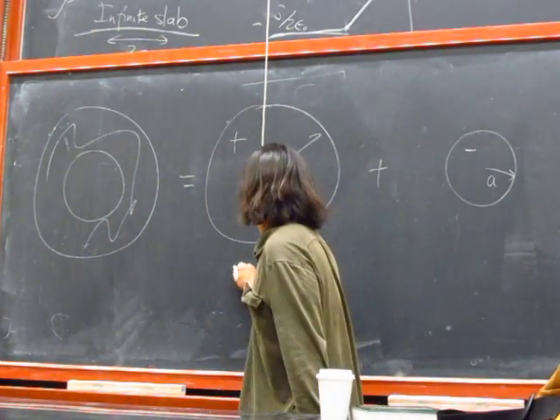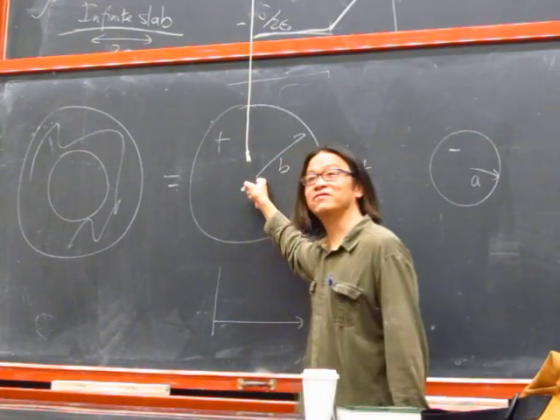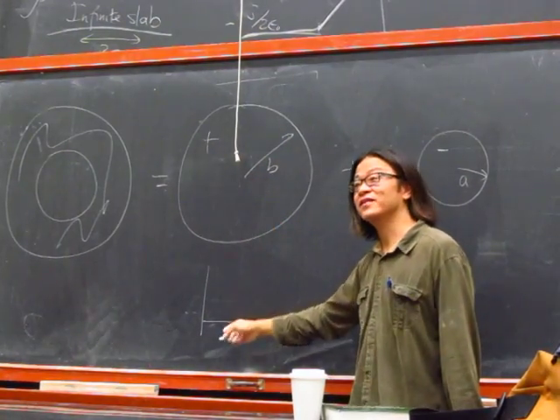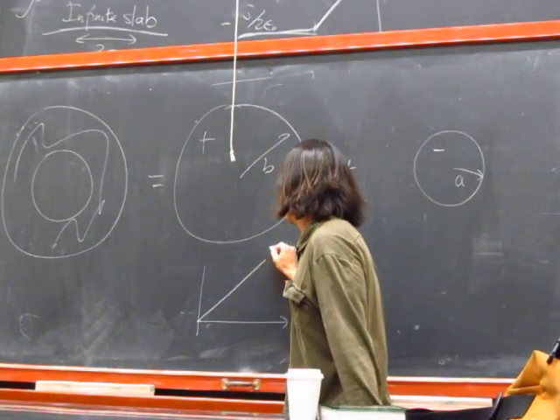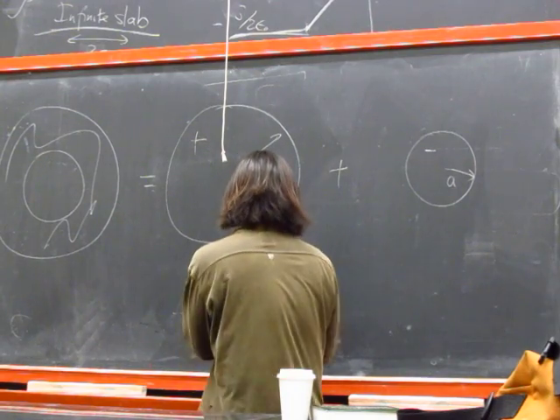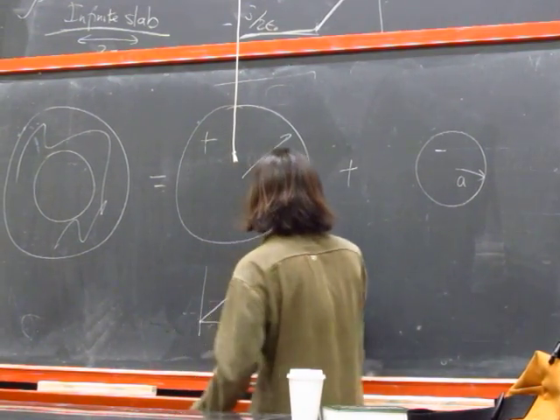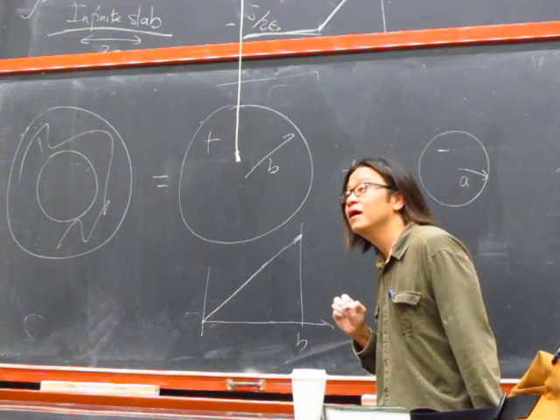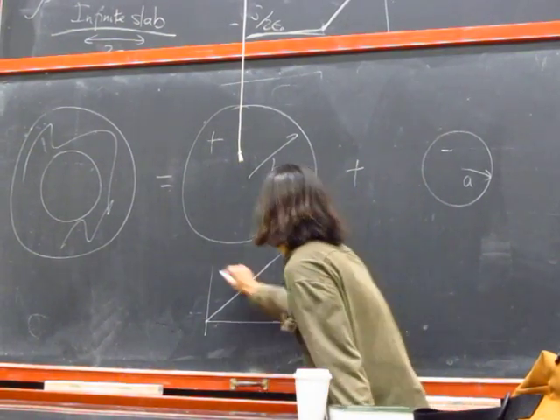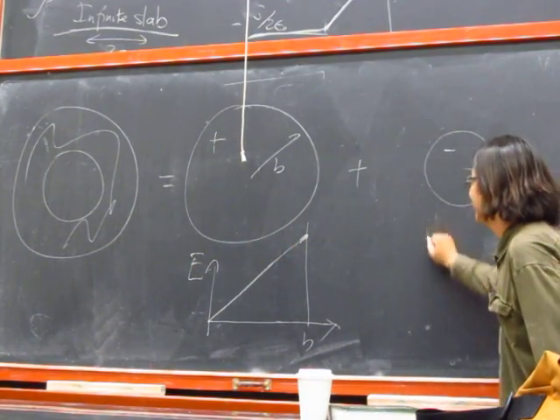Okay, and the field for this part, we solved this already, right? The field is in all the way to B. And here, what is this field?